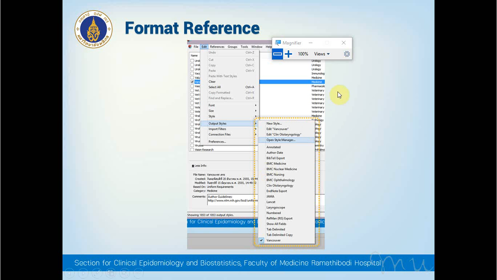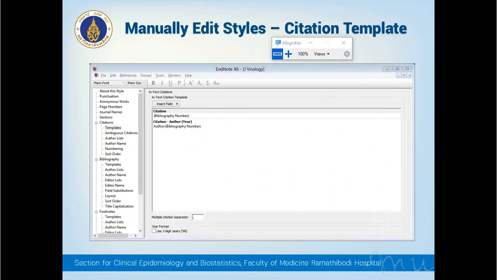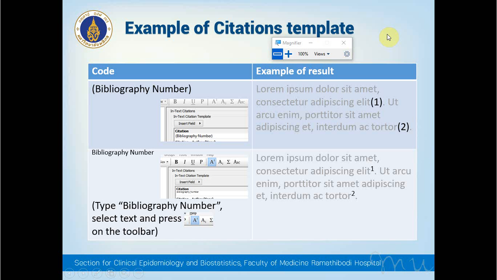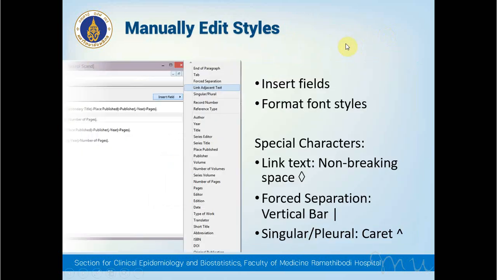I need to show you what that thing means. Okay. There are many special characters. For example, the link text, which is the diamond-shaped symbol here. When you click on Insert Field, a menu shows many things other than just the fields that are already in EndNote.